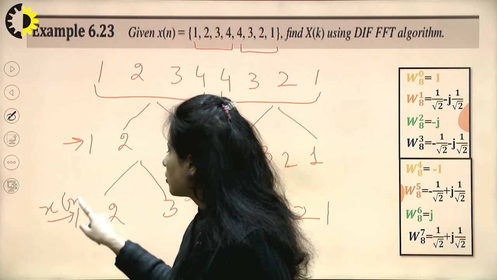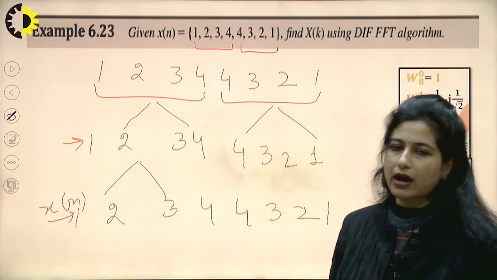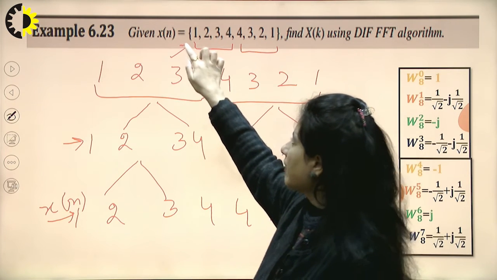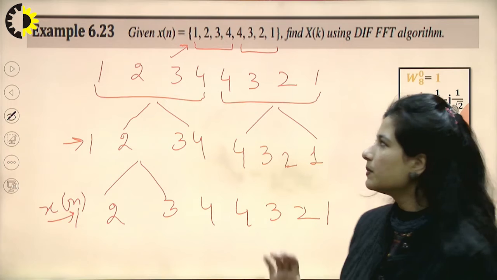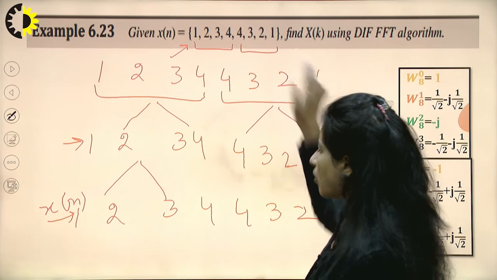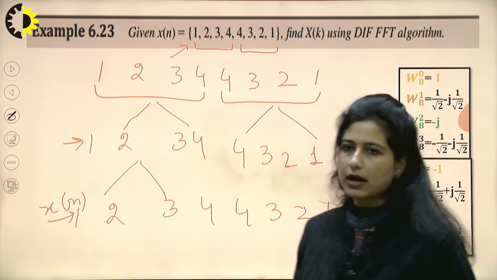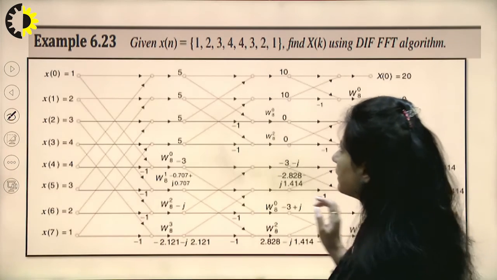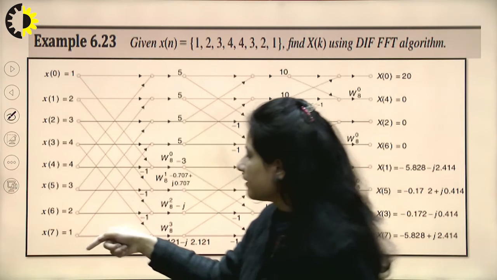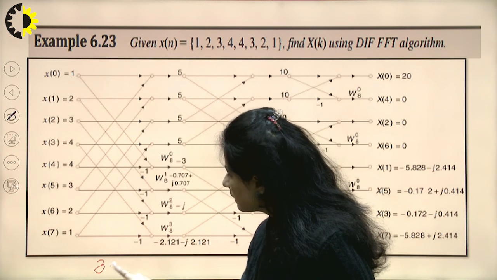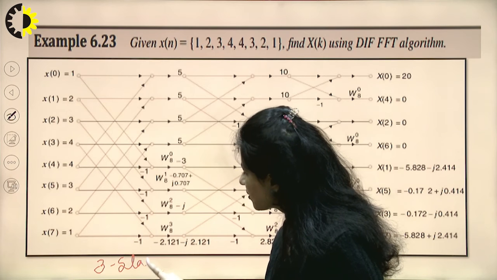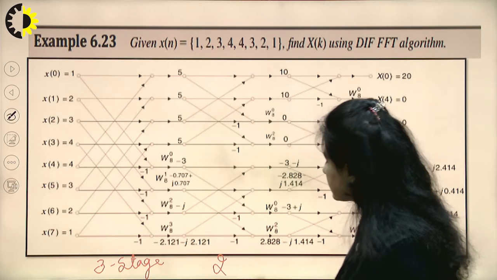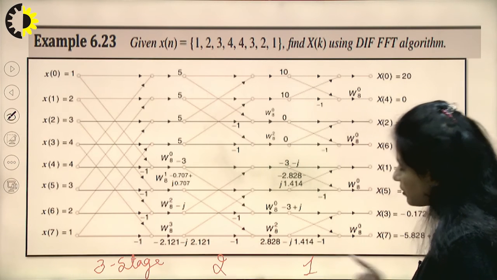So in summary, what do I see when I am creating the DIF graph? From the left hand side, the input sequence which I give to the graph would be ordered. It would be input to the graph in the same order in which it has been provided to us. So how is this particular graph created here? I'm starting from the left hand side. I'm plotting the 3-stage graph, first the third stage, then the second stage, and then the first stage of the graph.